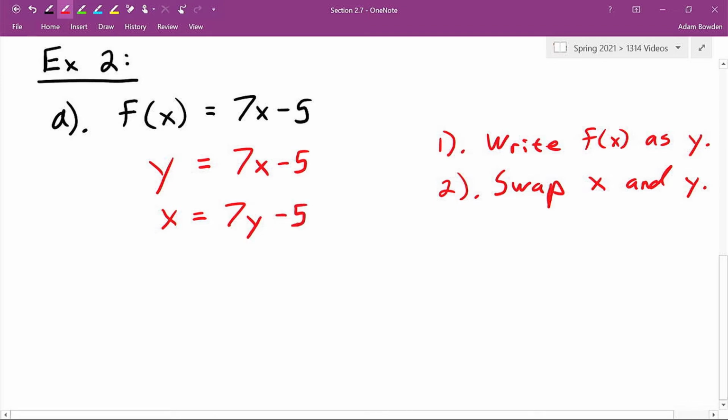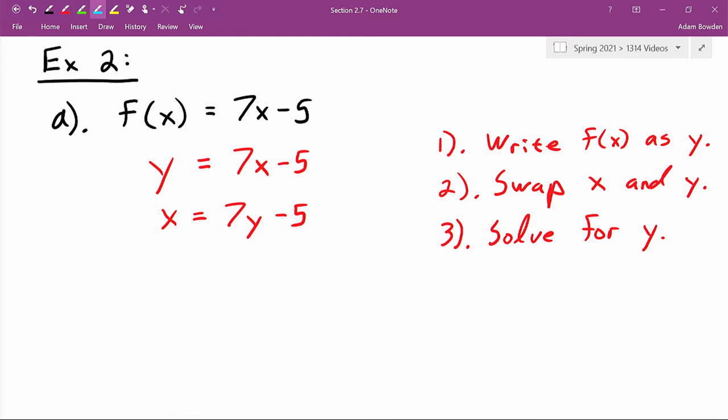Now that we've swapped the x and y around, it's no longer solved for y anymore. We have to go back through the steps to solve for y. So in this case, I'll add this 5 over. So that'll change this into 7y equals x plus 5. Divide out the 7.